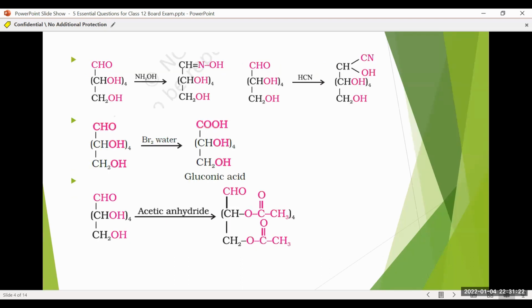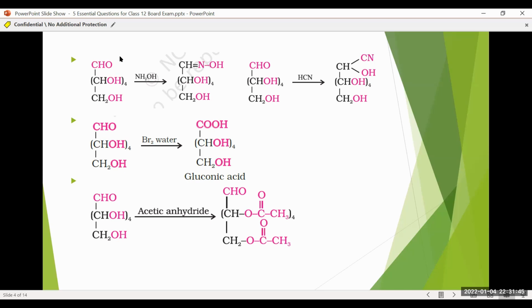Let us go on to the next set of reactions, where we want to prove that glucose has a carbonyl group. As we said, glucose is aldohexose. That means it is a polyhydroxyaldehyde. Since it is a polyhydroxyaldehyde, it must have 1 carbonyl group.